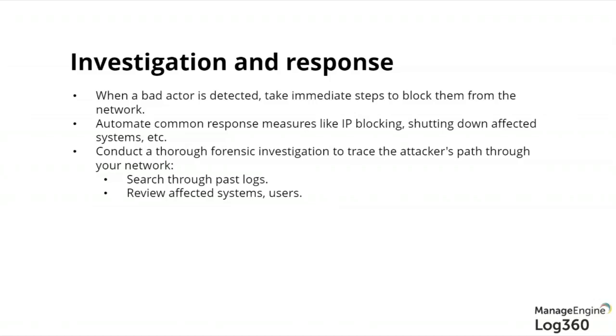So, for instance, you can automate common response measures like blocking a bad IP address or shutting down any system which is affected. Let's say a threat is detected on a pretty critical system, you can immediately shut down the system automatically, and you can probably get a backup system up and running. So this allows you to ensure business continuity, but it also allows you to isolate a threat in case there is one.